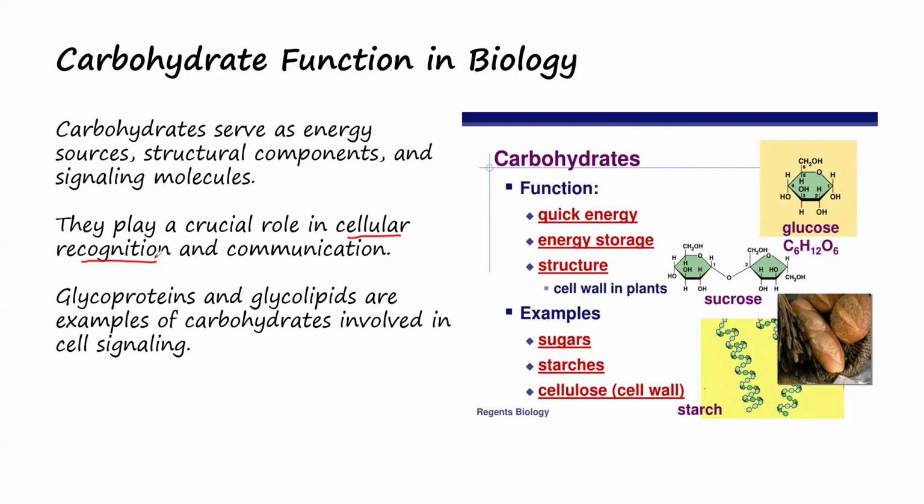So how does the sperm cell recognize that this is an egg cell that it should fertilize? How sperm cell and egg cell recognize each other for fertilization to take place is through cellular recognition and communication. So carbohydrate plays a big role.